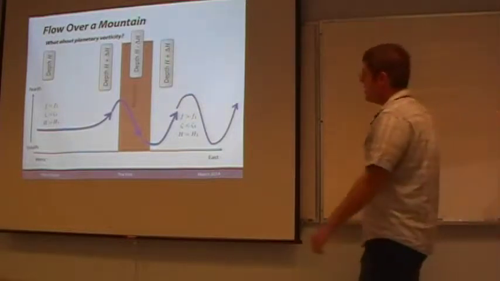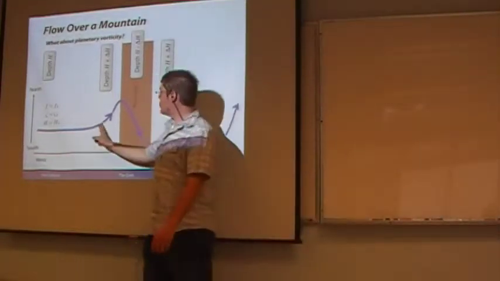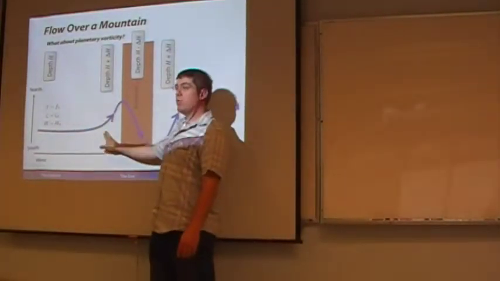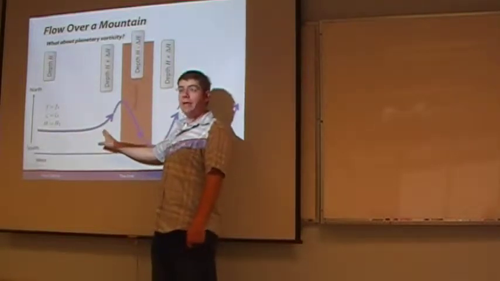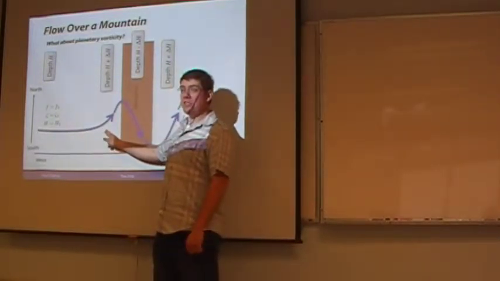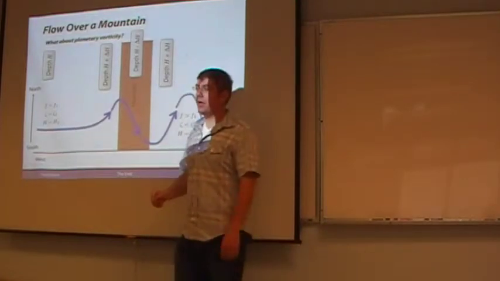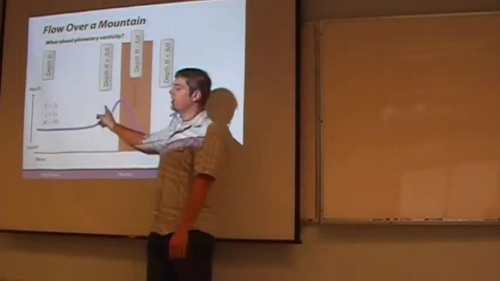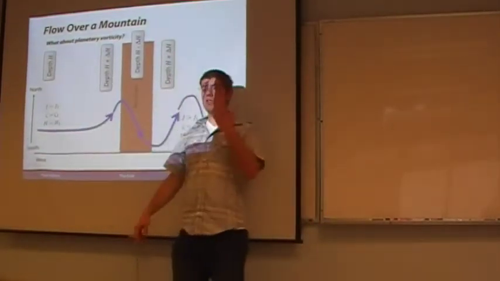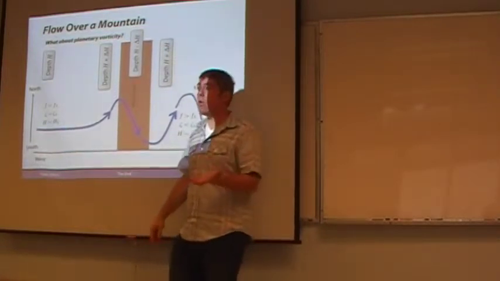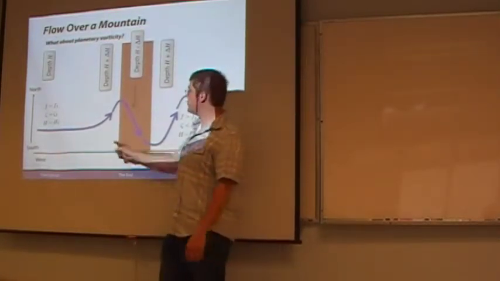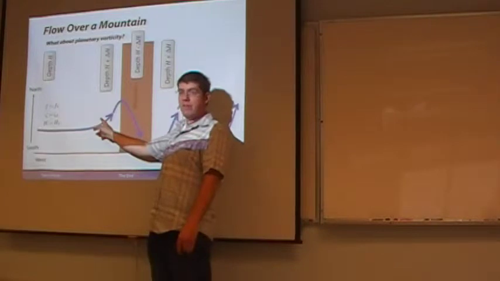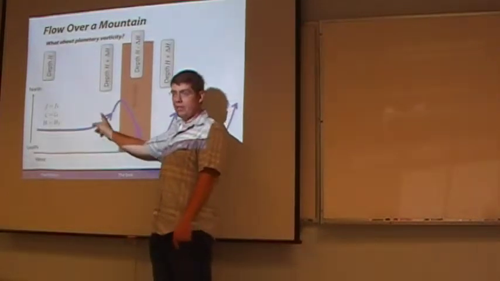The net effect then is as the fluid column approaches the mountain, it's stretched upwards in this location and hence generates negative relative vorticity. Positive relative vorticity here causes it to take on counterclockwise rotation. Counterclockwise rotation in the northern hemisphere is associated with positive relative vorticity.